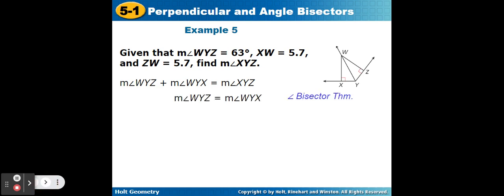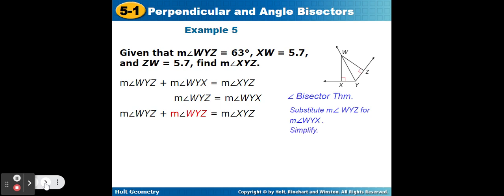So by the angle bisector theorem, WYZ is equal to WYX. I will substitute. I could also have used half angle bisector here instead of substitution. Looks just a little bit different.